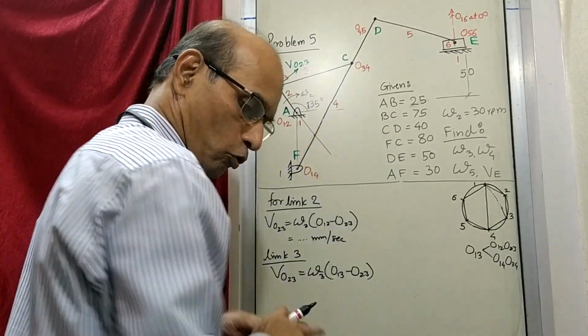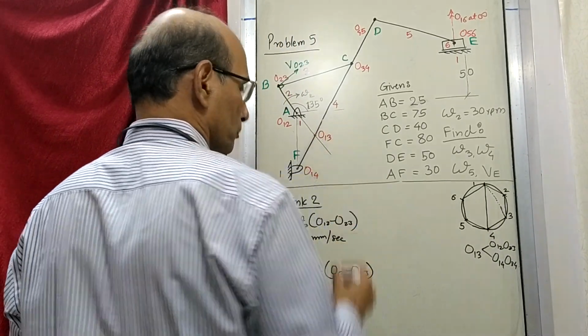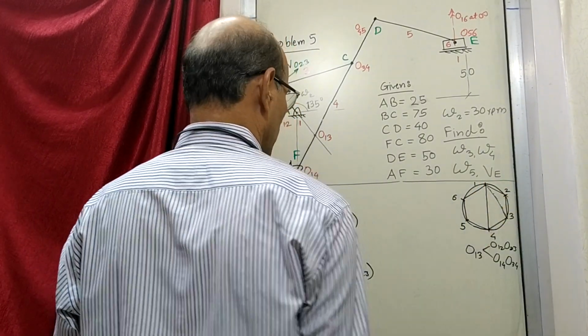This means that this is O13. So O13 we got over here. Knowing O13, you can now make this a straight, dark line.